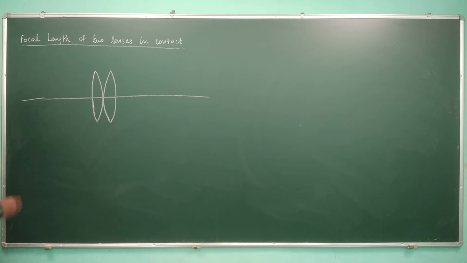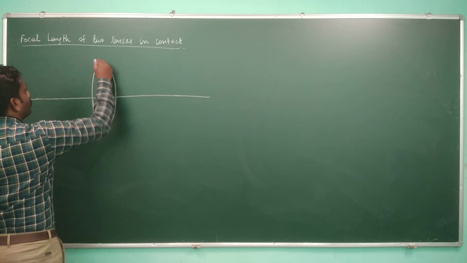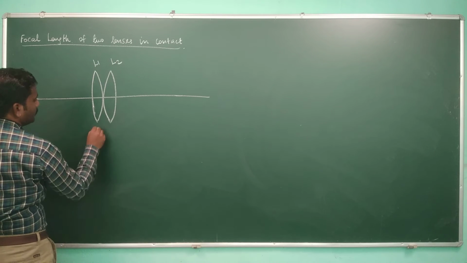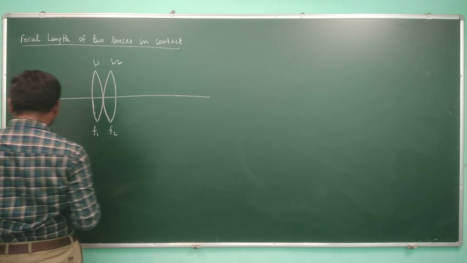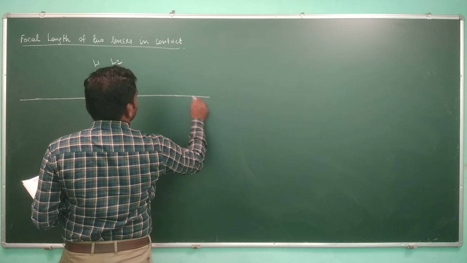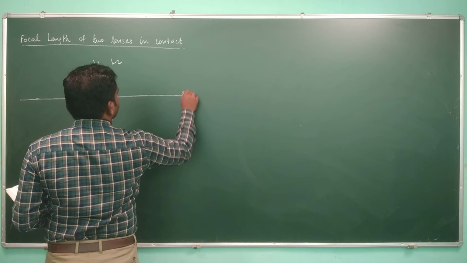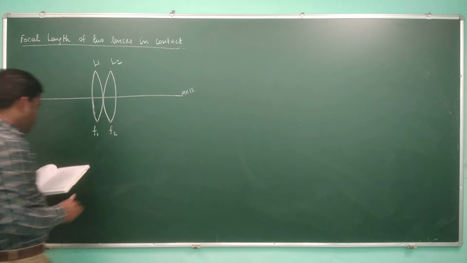And this is the optical axis. So this is lens 1 and this is lens 2. Lens 1 has focal length f1, lens 2 has focal length f2, and this is the optical axis.